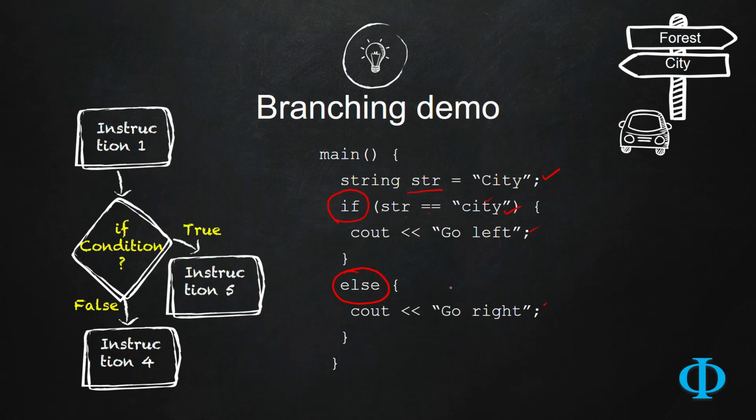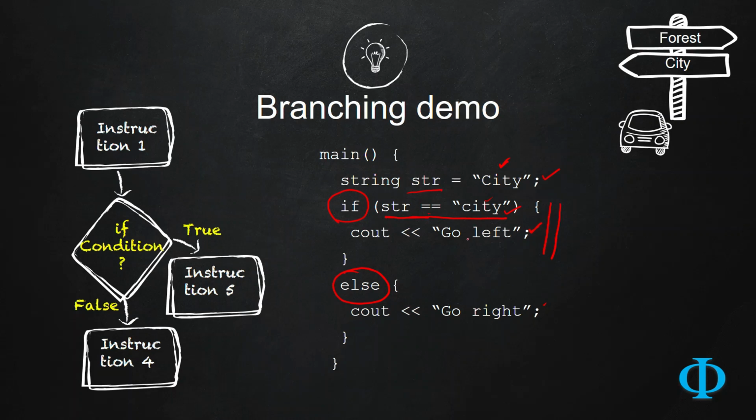In this program, the condition is whether the value inside the str variable is city or not. That's the condition. If that condition is true, which is the case here because str is already initialized to city, then the program will execute the part which is written inside this if statement.